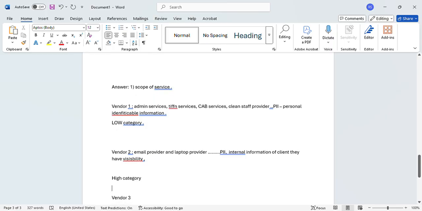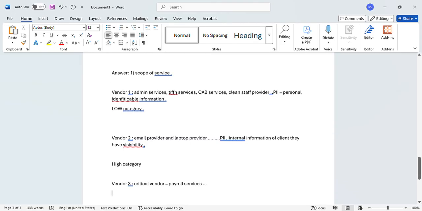Okay, the last vendor, vendor number 3, is a critical vendor. Why critical vendor? Because they are providing the payroll services. You know how important payroll services are for any organization's employees. So vendor number 3 is processing the PII data.